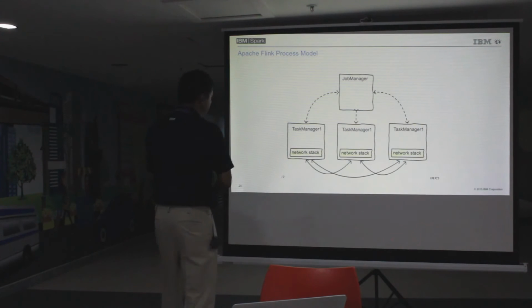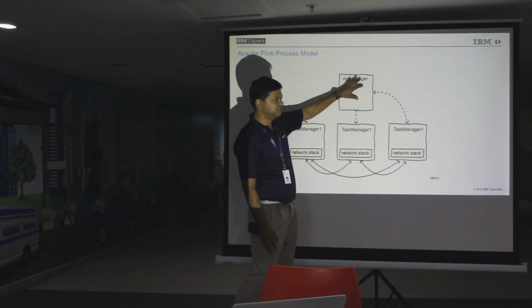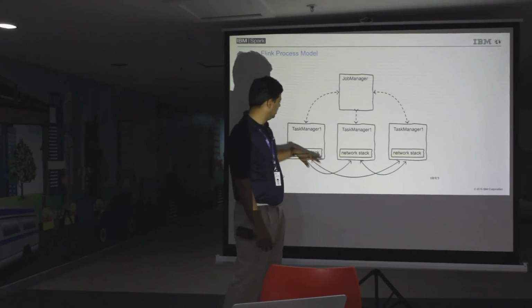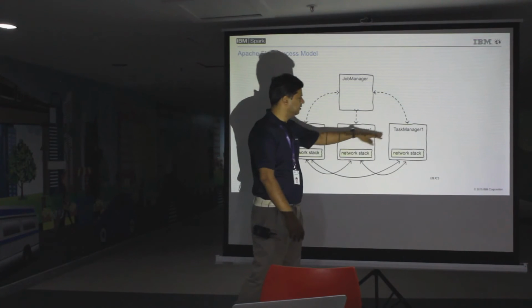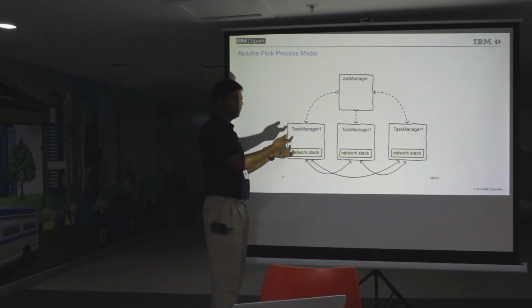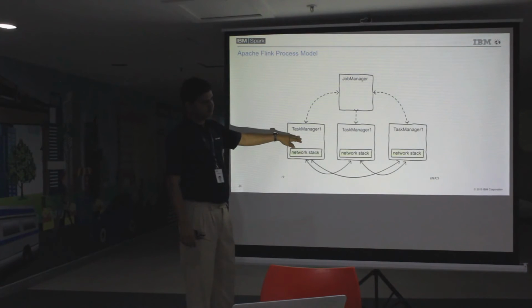Flink's processing model, I said, is a continuous operator model. So you have something called a job manager sitting there, and then you have each of these task managers that run. These are where the code that you write, even in the higher-level API, like your map jobs, is running.